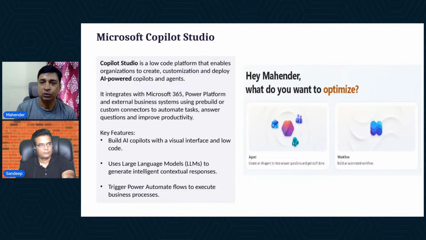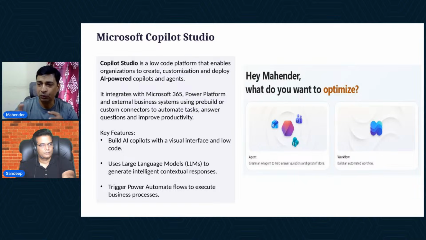Okay, so Microsoft Copilot Studio. As I said, this is our base product that we are going to use. It's Microsoft's offering, which allows us to build AI workflows and AI agents using low code, no code.